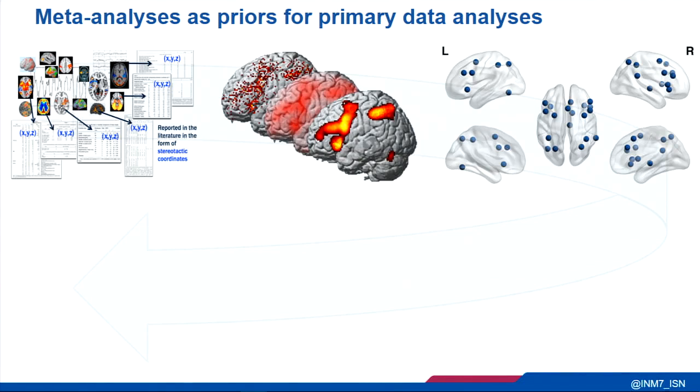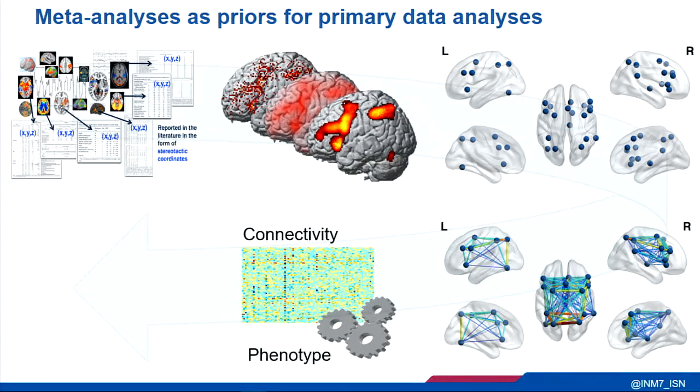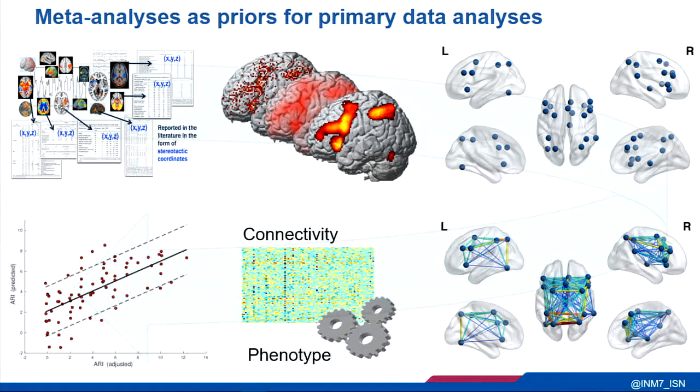You can use that to represent that particular network of interest, extract, for example, resting state connectomes in that particular network, which gives you a robust representation of that particular function, can submit that, for example, to machine learning algorithms, and then do brain phenotype correlations or prediction analysis in that particular setting.